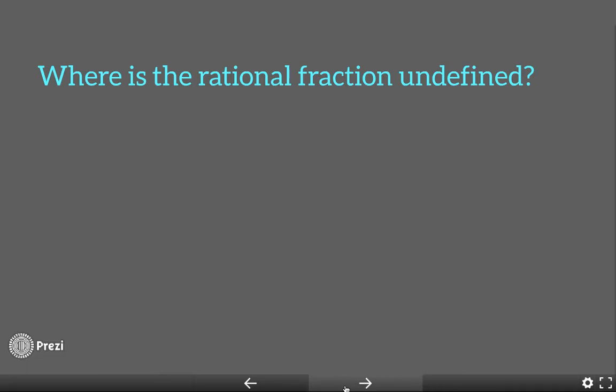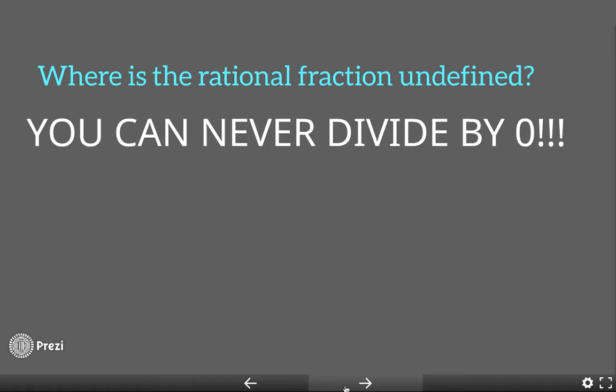The thing that you are never allowed to divide by is 0. You can do 0 divided by something, which is just 0, but anything divided by 0 is undefined. So 0 can never be in the denominator. It is allowed in the numerator, but not in the denominator.